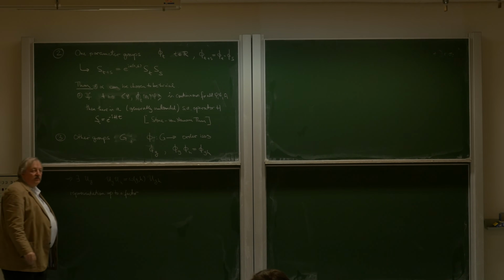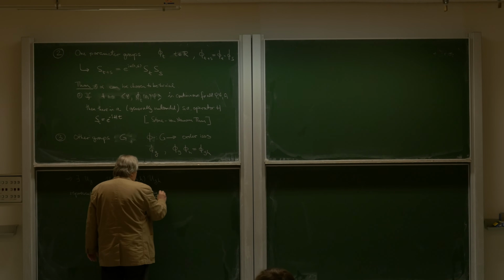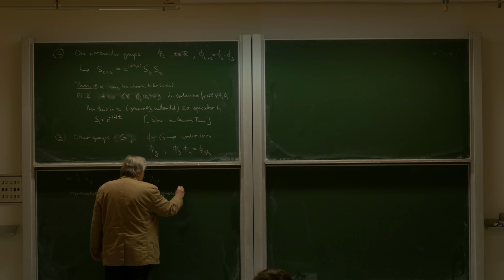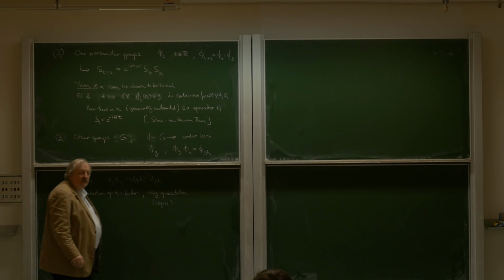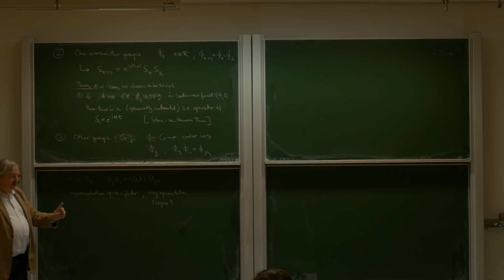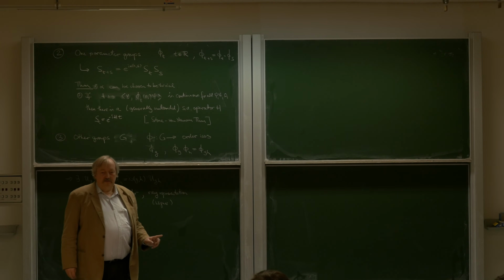I don't think I have to explain that terminology now. Other words for that would be ray representation. I think this is Wigner's terminology. Why that? Well, the pure states would each define a ray in Hilbert space. That is the vector plus all its complex multiples, right?